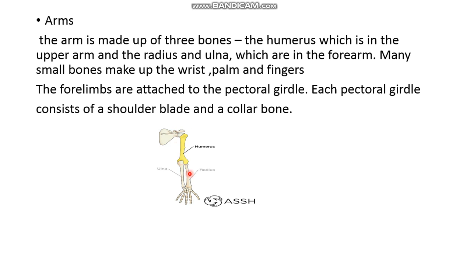See here, we have an arm with three parts: one, two, three. This is the first part, the upper arm.